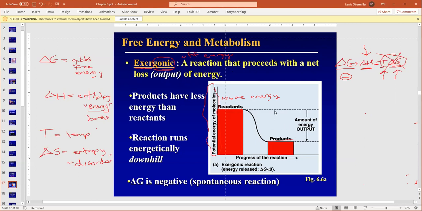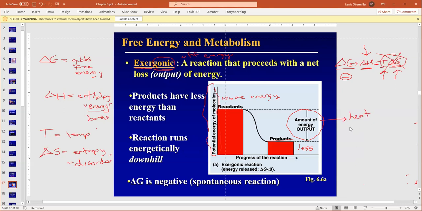Remember that the first law of thermodynamics says we can't create or destroy energy. So if the reactants have more energy and the products have less energy, then the difference has to go somewhere. It can be output as heat, which is a form of energy.